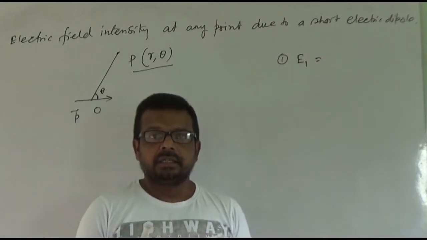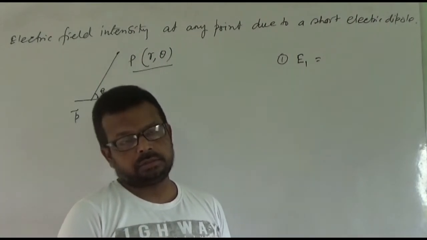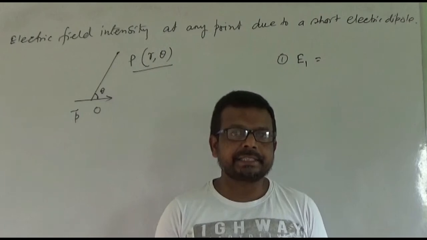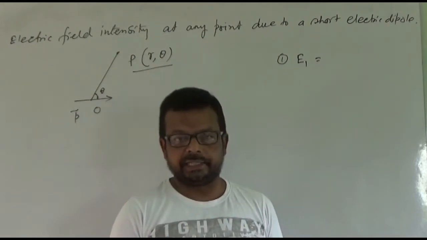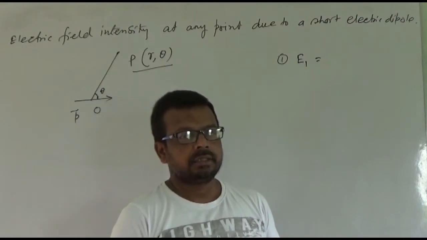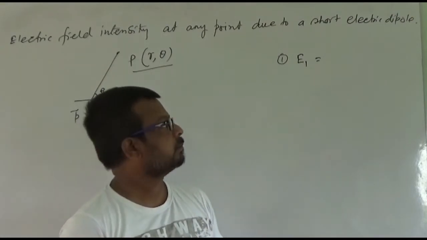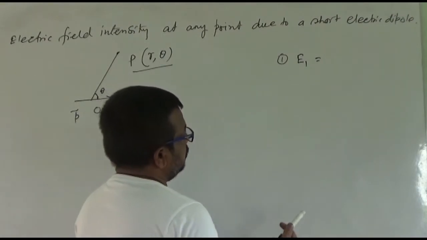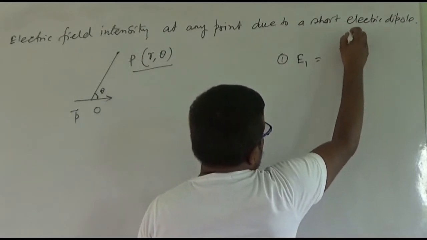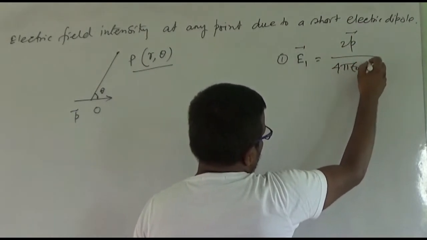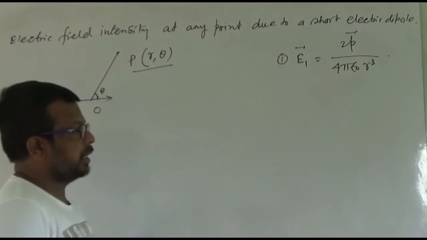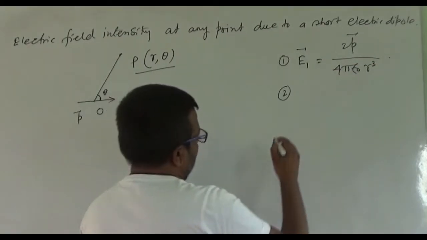If the dipole is short, that means l is much less than r, that is, the length of the dipole is very small compared to the distance of the field point, then we get E equals 2p by 4 pi epsilon naught r cube.